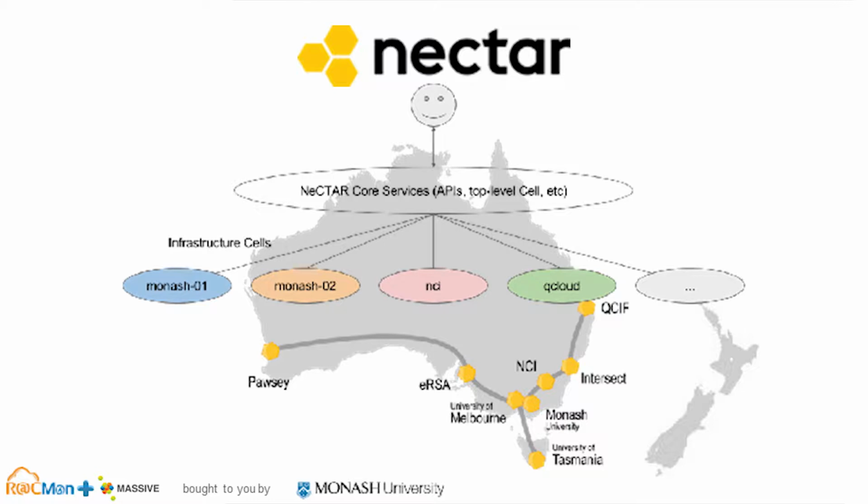And one thing to note is that this approach of having a single pane of glass for users, with a single set of APIs and dashboard access and this sort of stuff, is still relatively uncommon, and there was really no other choice for federation back when the Nectar Research Cloud was first built.